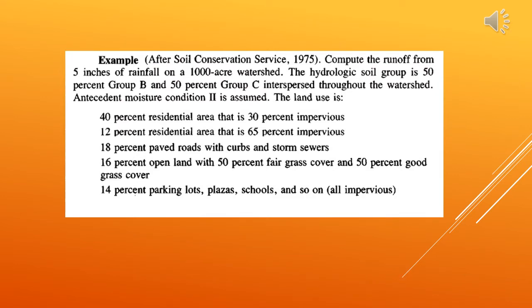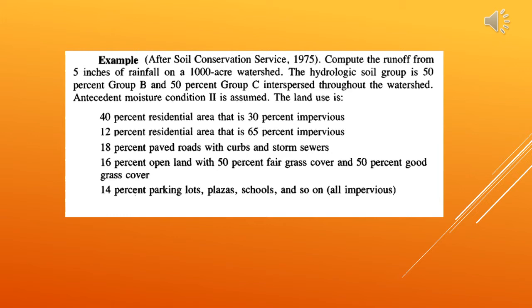Okay, let's solve one example. We need to compute the runoff from 5 inches of rainfall on a 1,000-acre watershed. The hydrologic soil group is 50% group B and 50% group C interspersed throughout the watershed. Antecedent moisture condition 2 is assumed, which is normal condition.